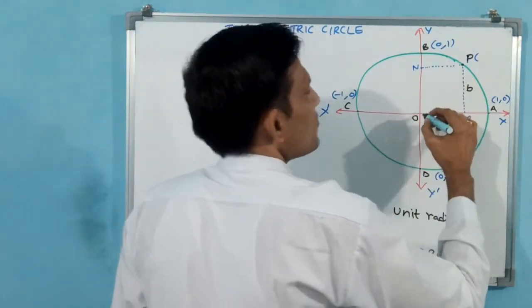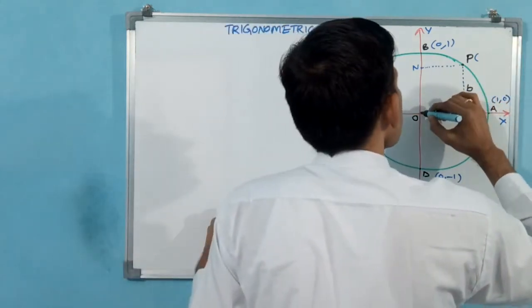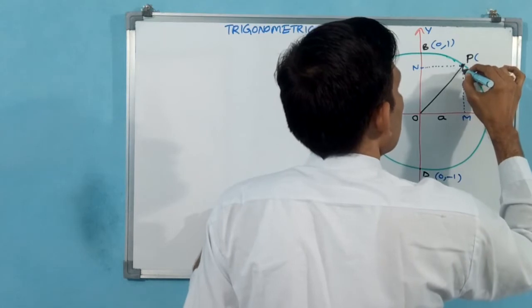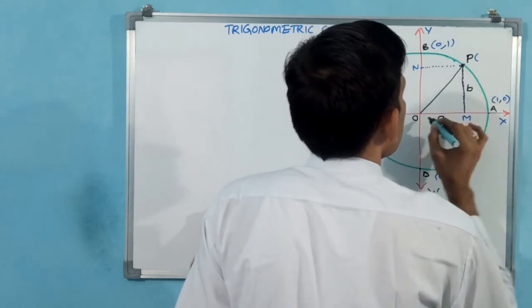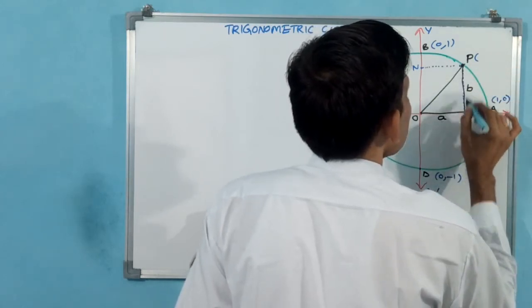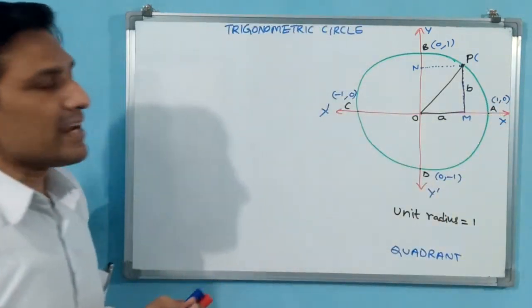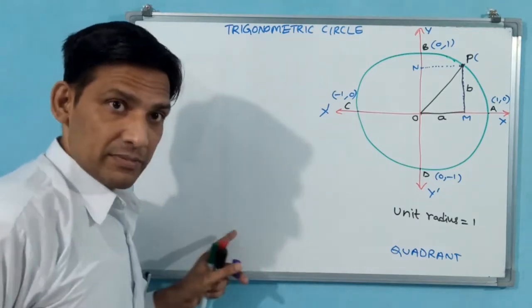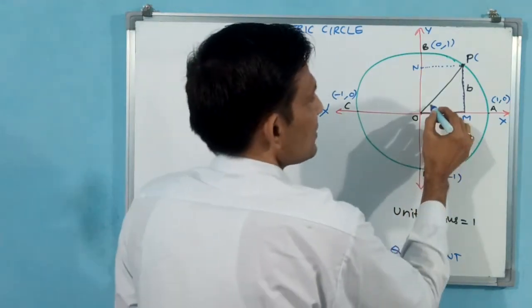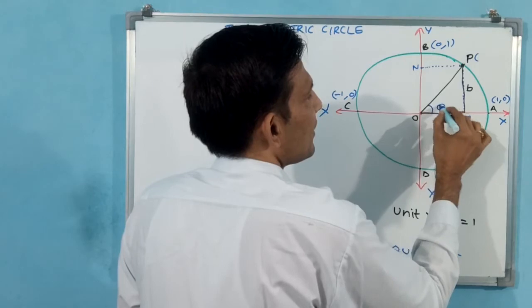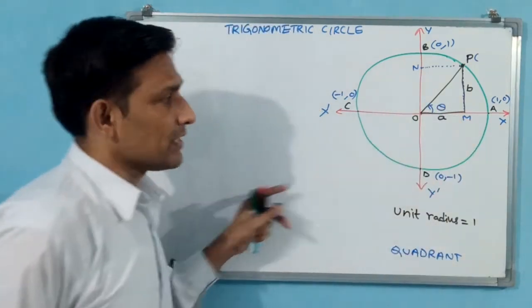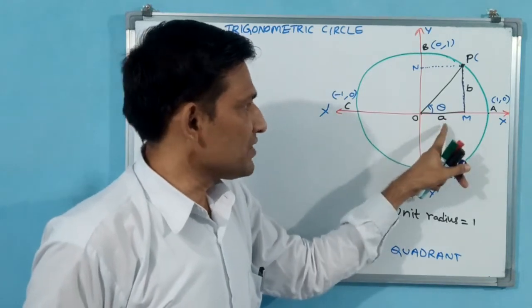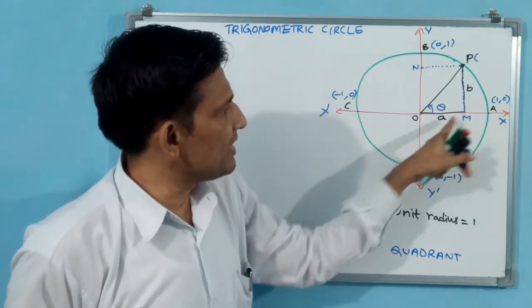Now what I am going to do, I am going to draw a line. Now you tell me, is it a right angle triangle or not? Right angle triangle. Then we can draw our trigonometric ratios again here. See, this is theta. This theta is in the positive direction. You see, anti-clockwise it is going. Anti-clockwise it is moving. See, OM is a. Why a? Because this is a, we have taken a.